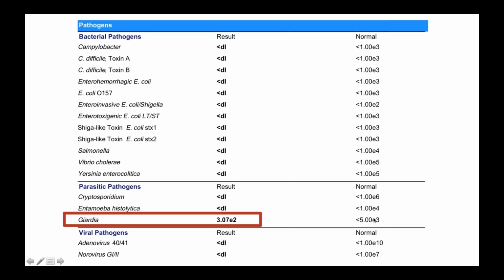This is one of the points I wanted to emphasize: with a number of these different types of pathogens and opportunists, it's not always necessary to pay attention to them only when they're flagged as high. Potentially, in some cases, even when they're not at excessively high levels, they can still impact physiology. That's seen more often with certain microbes than with others. Giardia does appear to be one of those cases where we frequently see it present at moderate levels, and yet it does appear to be contributing to symptoms.